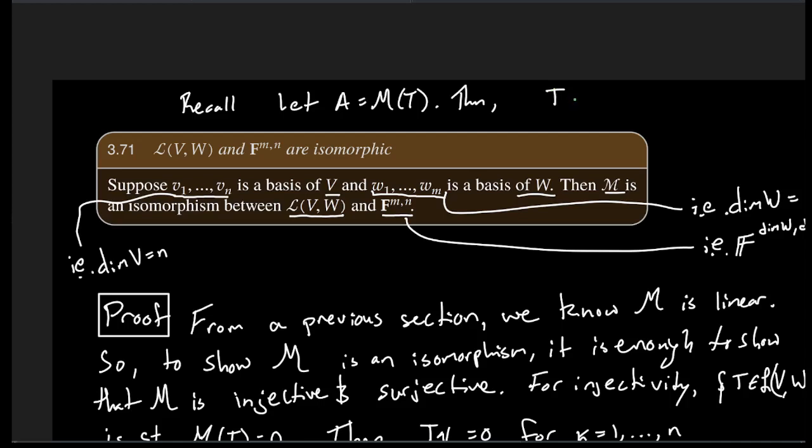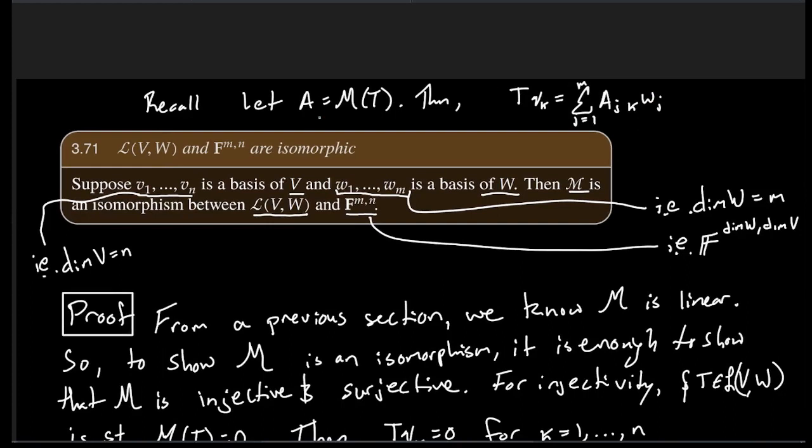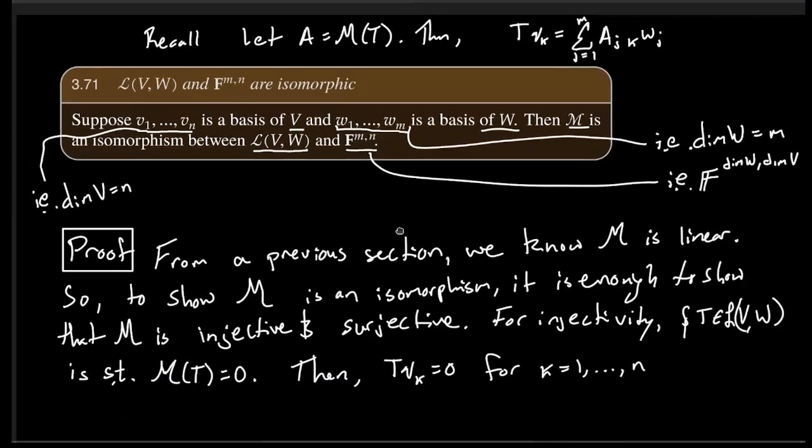T(vk) is equal to the sum of A_jk w_j for j equals 1 up to m. That is, the matrix A tells you how to rewrite the image of vk as a linear combination of the w's. So the image of a basis vector in V in terms of a linear combination of your basis in W. This is what the entries of this matrix are.